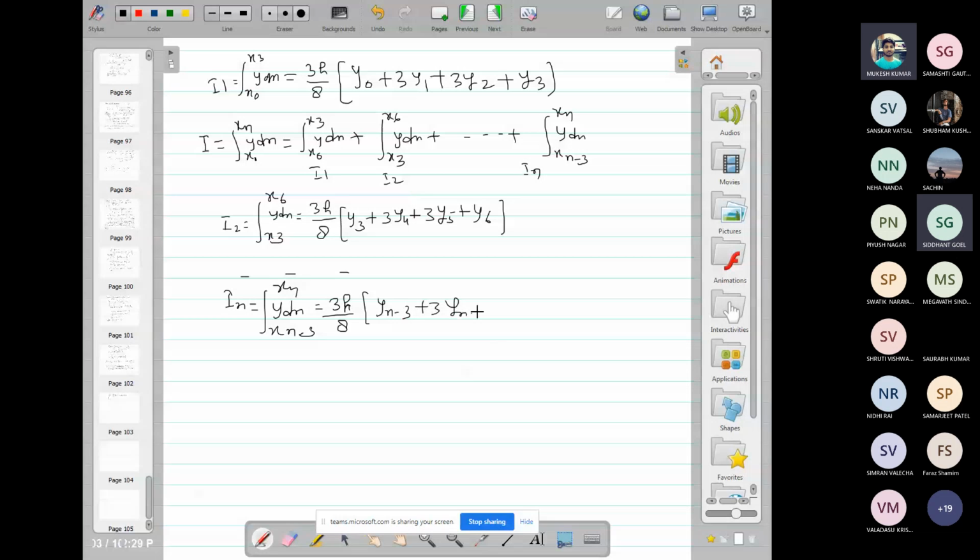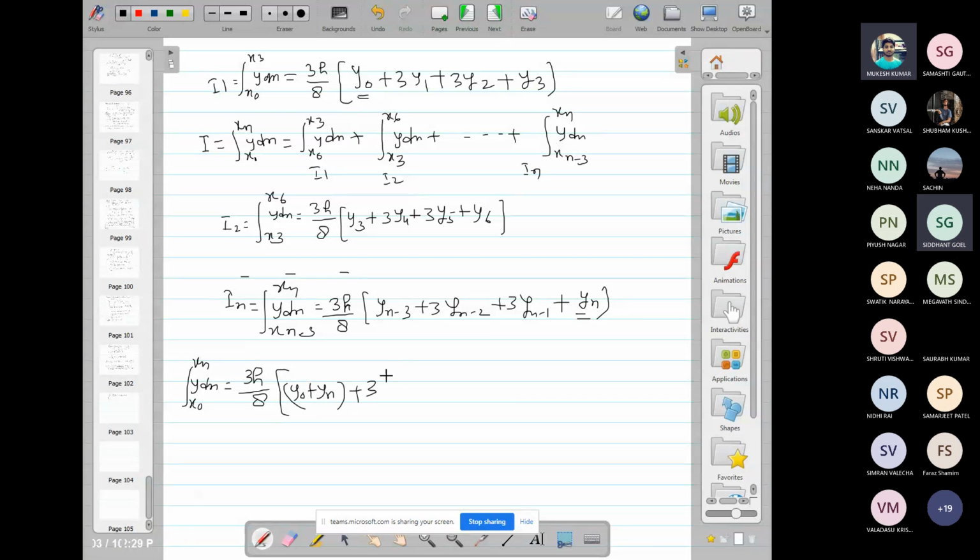Now adding I1, I2, I3, we obtain the integral from x0 to xn of y dx equal to 3h upon 8 common. You see here y0 and yn appear only one time, so we can write y0 plus yn.